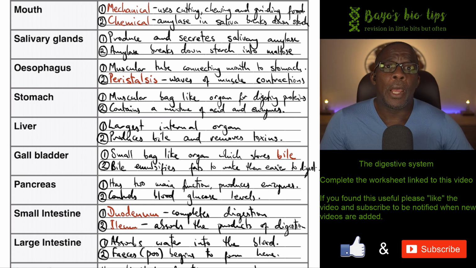And in the latter part of the large intestine, what you've got are the bits of the food that you couldn't digest. So in humans, for instance, it could be fiber. So plant material like cellulose, which we don't really have the capacity to digest.